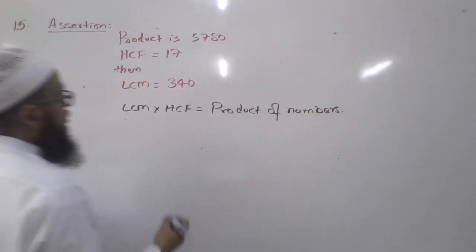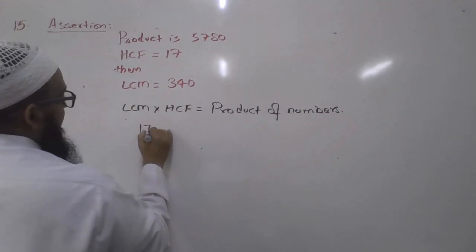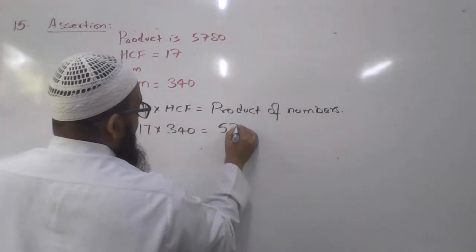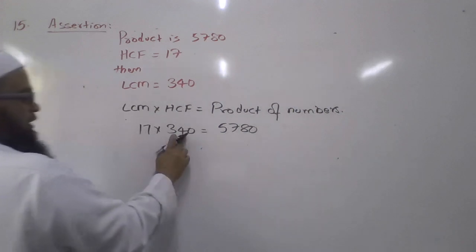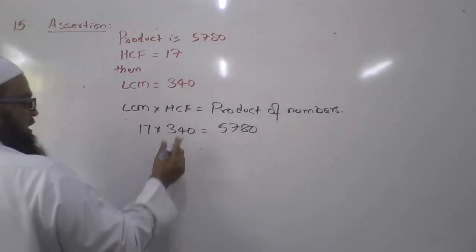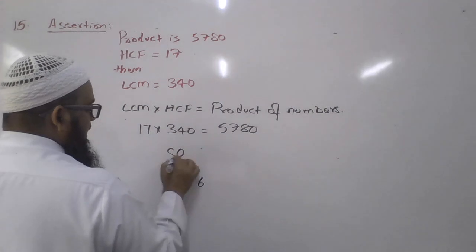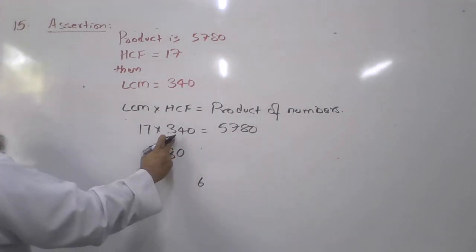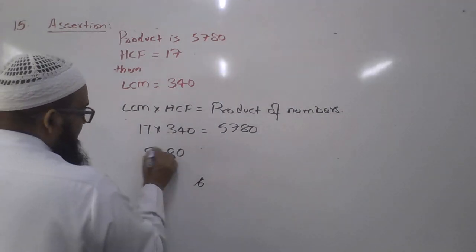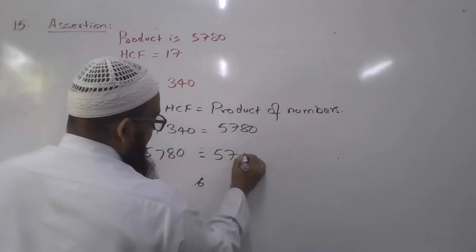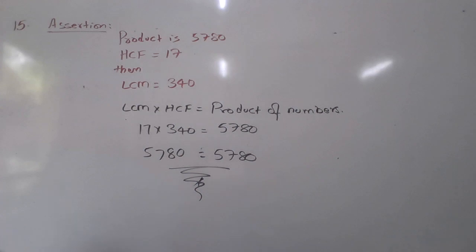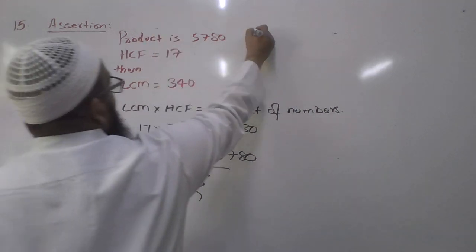So let us do it: 17 multiplied by 340 equals 5780. So if we multiply this, 17 zeros are 0, 17 fours are I think 68, and 17 threes are 51. 51 plus 6, 57. So 5780 is equal. Is it equal? Yes. So therefore the assertion is true.